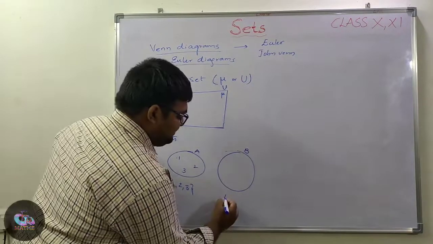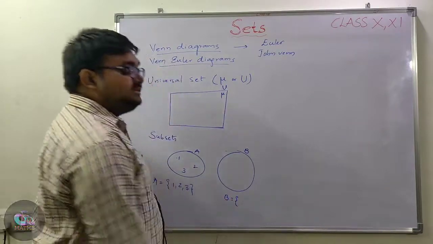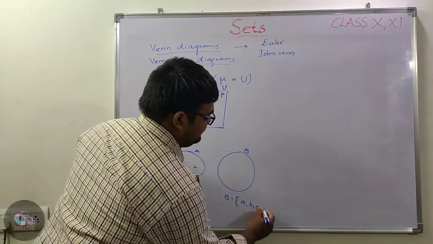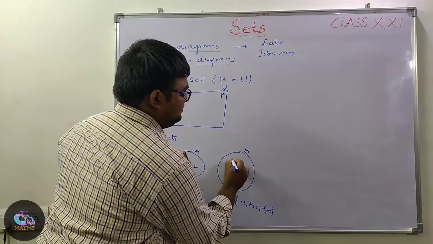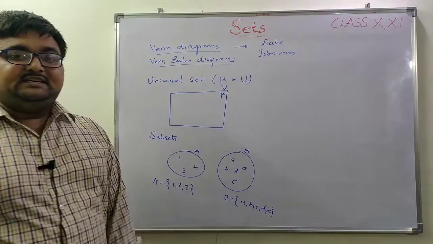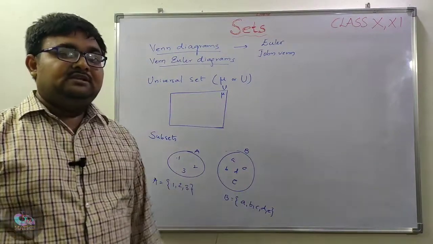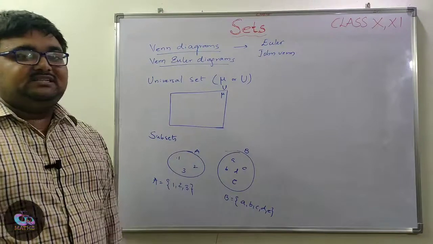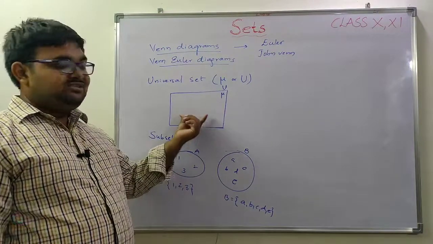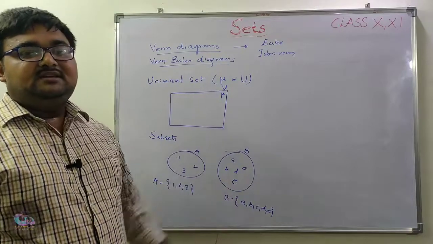These two are the main representations for Venn diagrams: first the universal set, and then the sets.